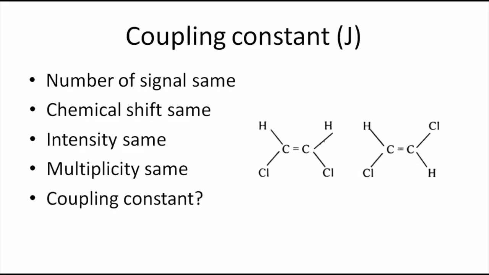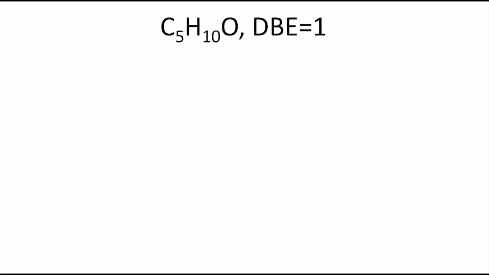But how can the coupling constant value help? Here actually there is no coupling constant, but if there is any CH group here, I have taken a wrong example actually. If there is another group which can couple, now you can consider the coupling constant value. Now the coupling constant value will say whether the compound is the cis or trans isomer.